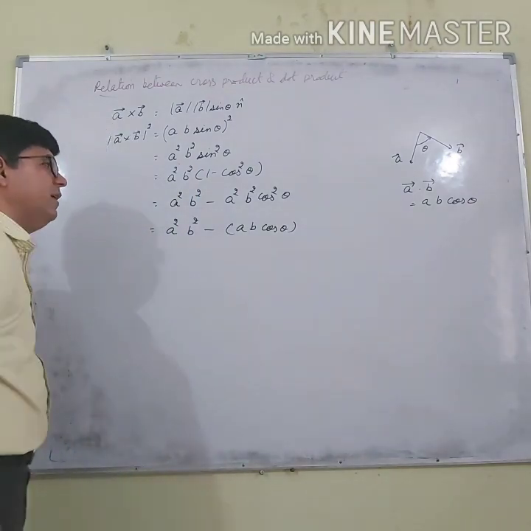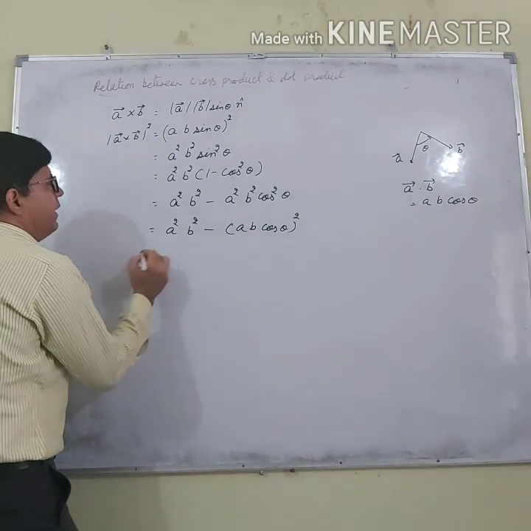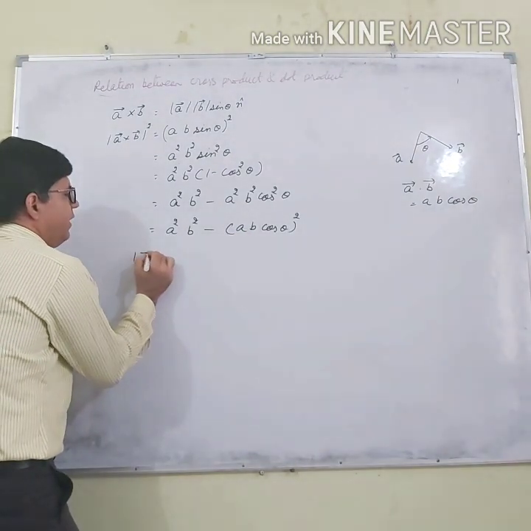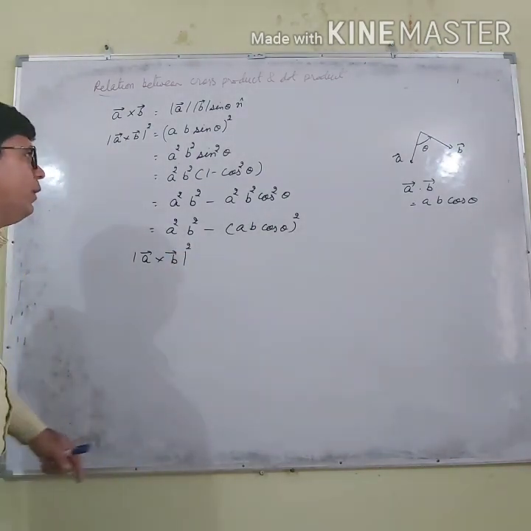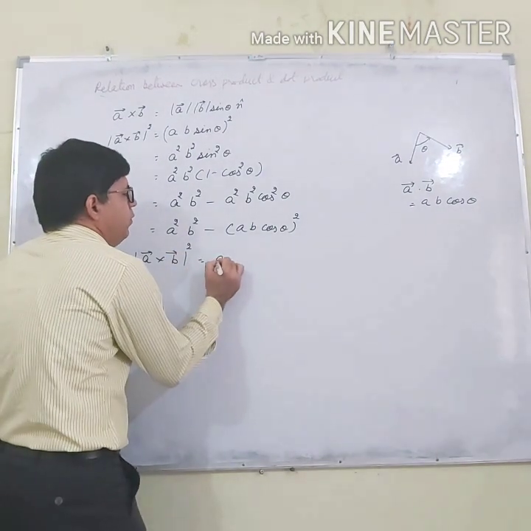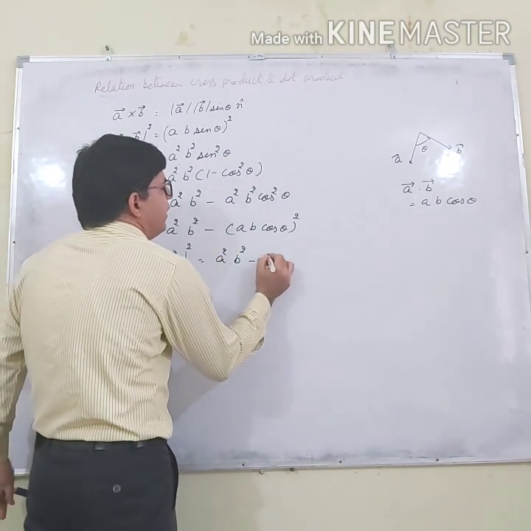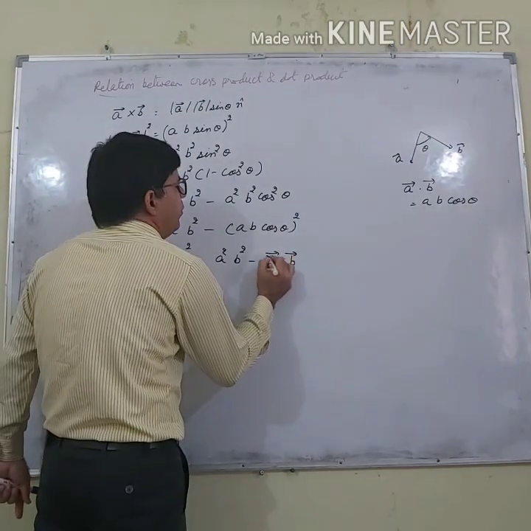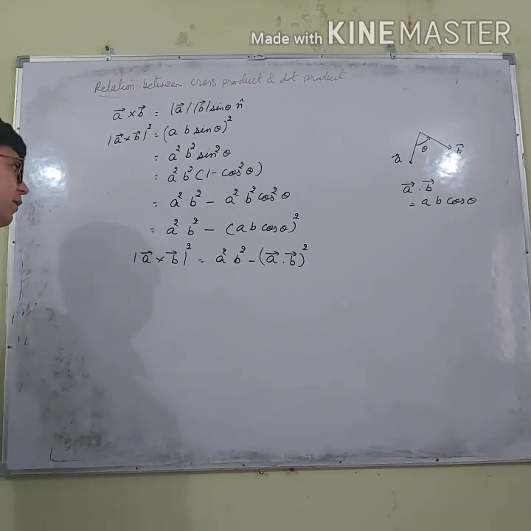So in place of AB cos theta, we write A dot B. So magnitude of A cross B squared is equal to A square B square minus A dot B whole square. This is the relation between the cross product and the dot product.